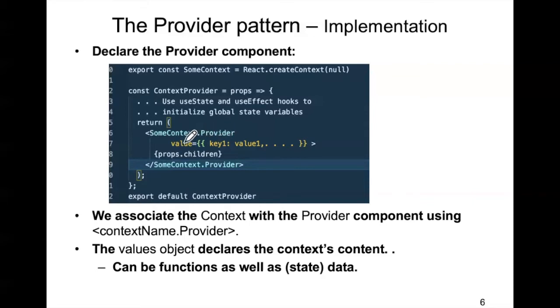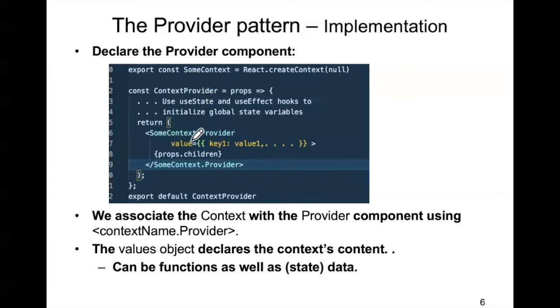So the value prop has to be assigned an object of key-value pairs, and these key-value pairs are essentially the data content of my context, which the provider is making available to any other component that's interested in it. Presumably the consumers will refer to a particular key within the context in order to get the value associated with it. And this value will more than likely be associated with some state variable that the provider manages.